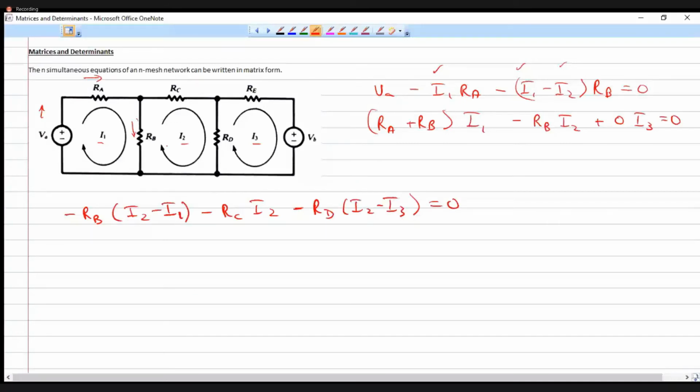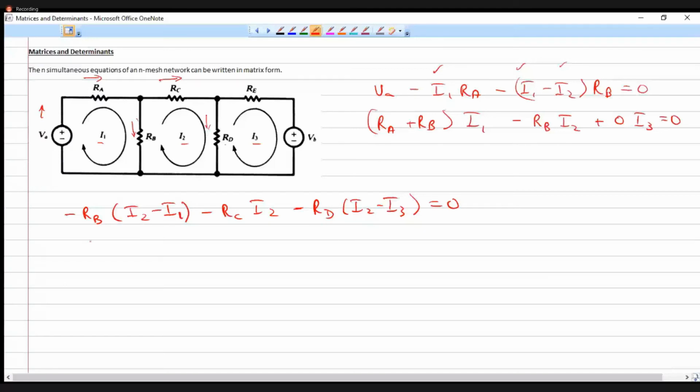Understood this equation? I started off from here. I2 is flowing upward and I1 is flowing downward, so I wrote I2 minus I1. Since it's a passive element, I wrote minus. And here again minus, passive element, so minus RC into I2. In this branch, I2 alone is flowing. Then in the downward direction, I have I2 minus I3 flowing in this direction, and the resistor is RD. So minus RD into (I2 minus I3).